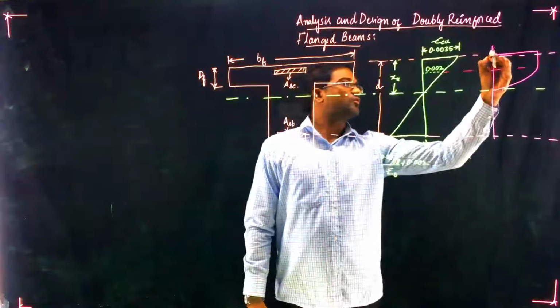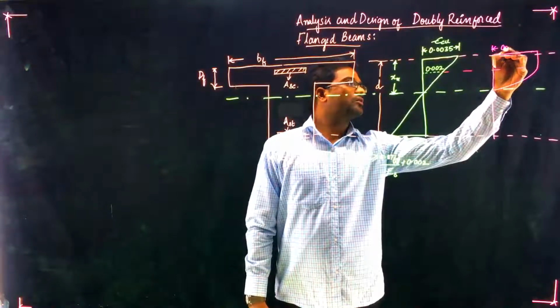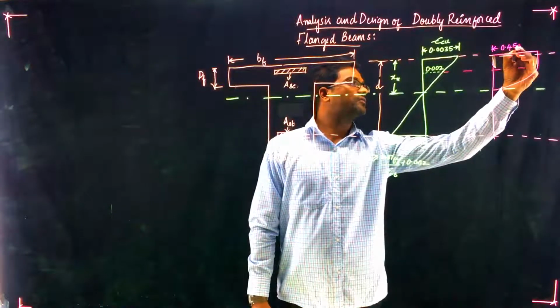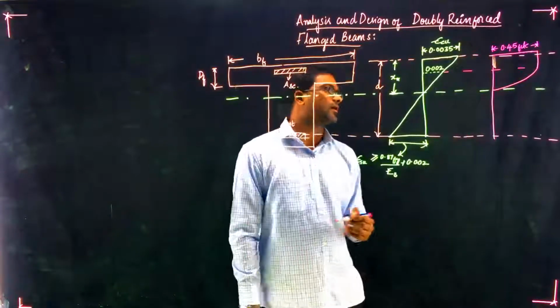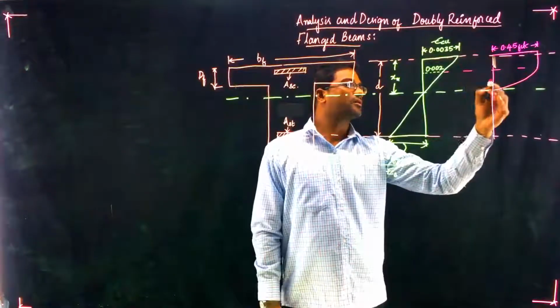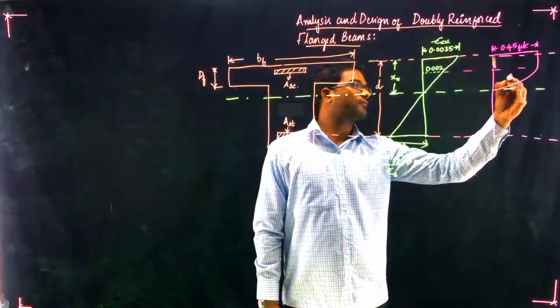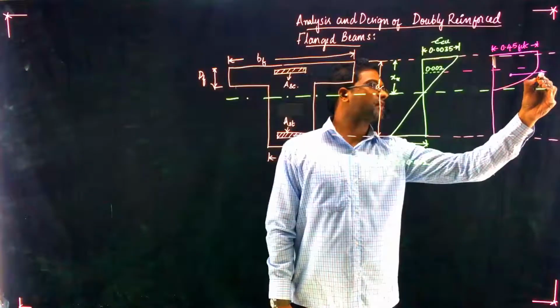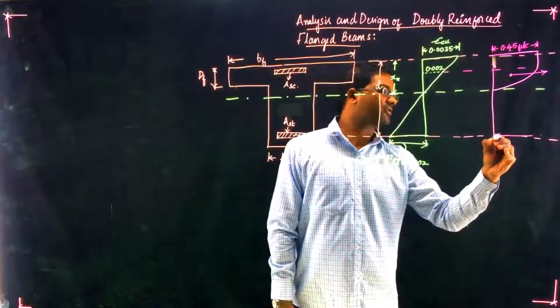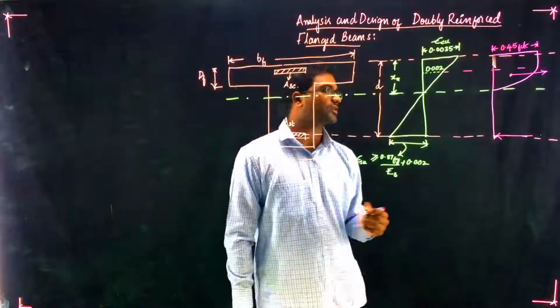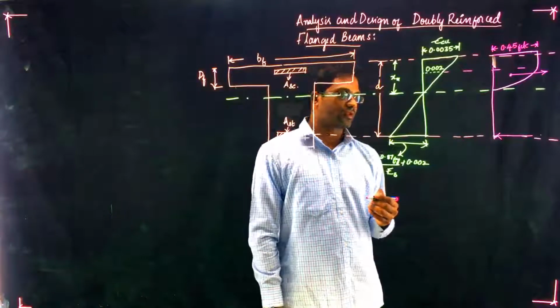So this value we know as 0.45 fck, and you have a force which is acting here, and you also have a force acting here. Two forces are acting. Fine.